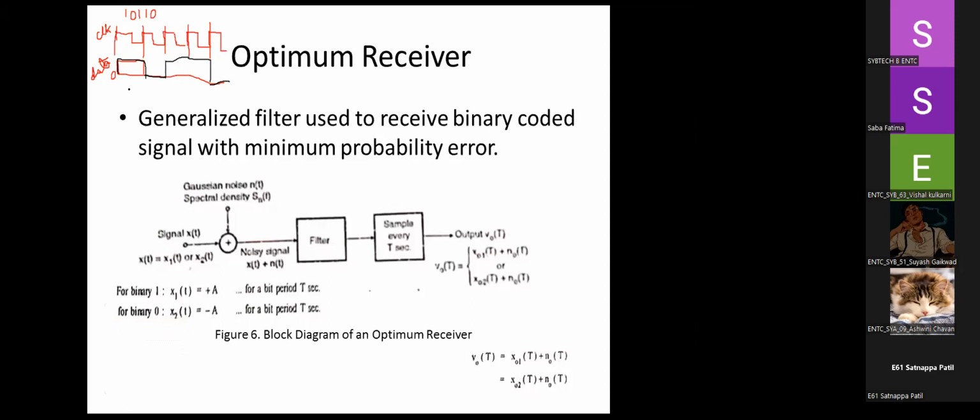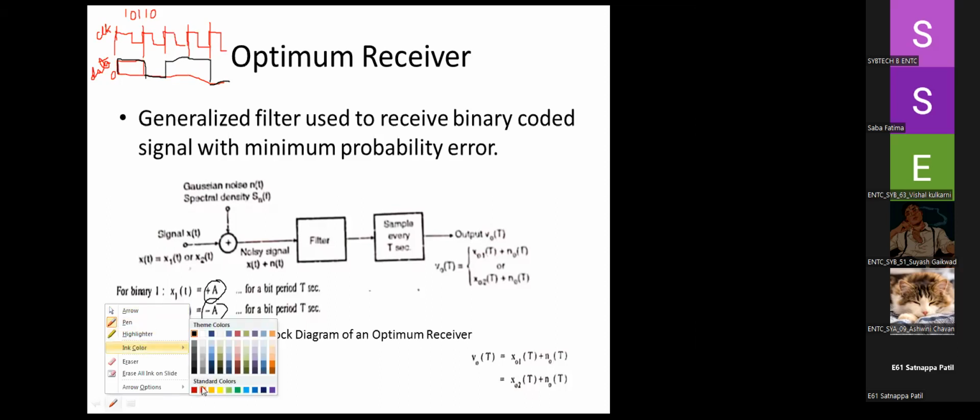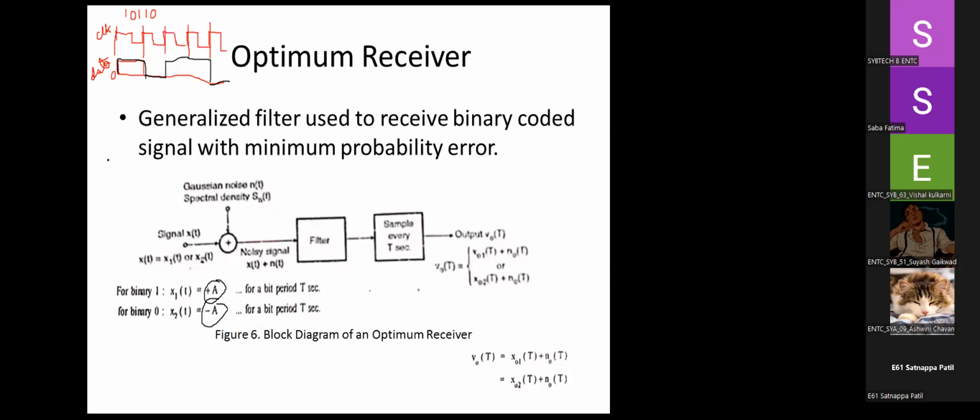Now, because we are having plus A and minus A, the signal is of polar NRZ form. So polar NRZ form means what kind of information is going. When it is binary 1, this is my threshold, okay, 0.